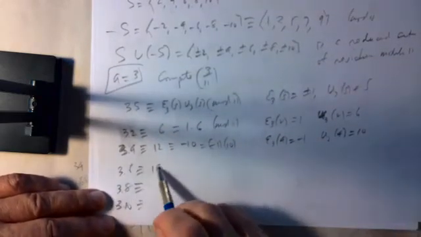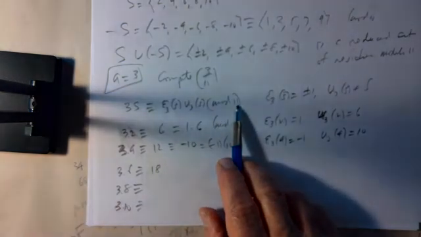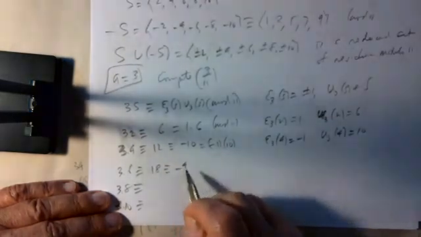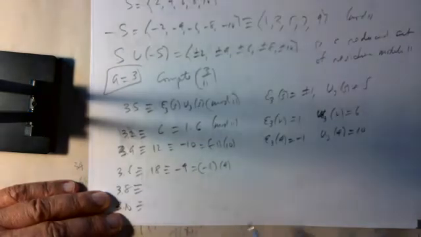3 times 6 is 18. 18 is 7 mod 11, which is the same as minus 4, which is minus 1 times 4 mod 11.